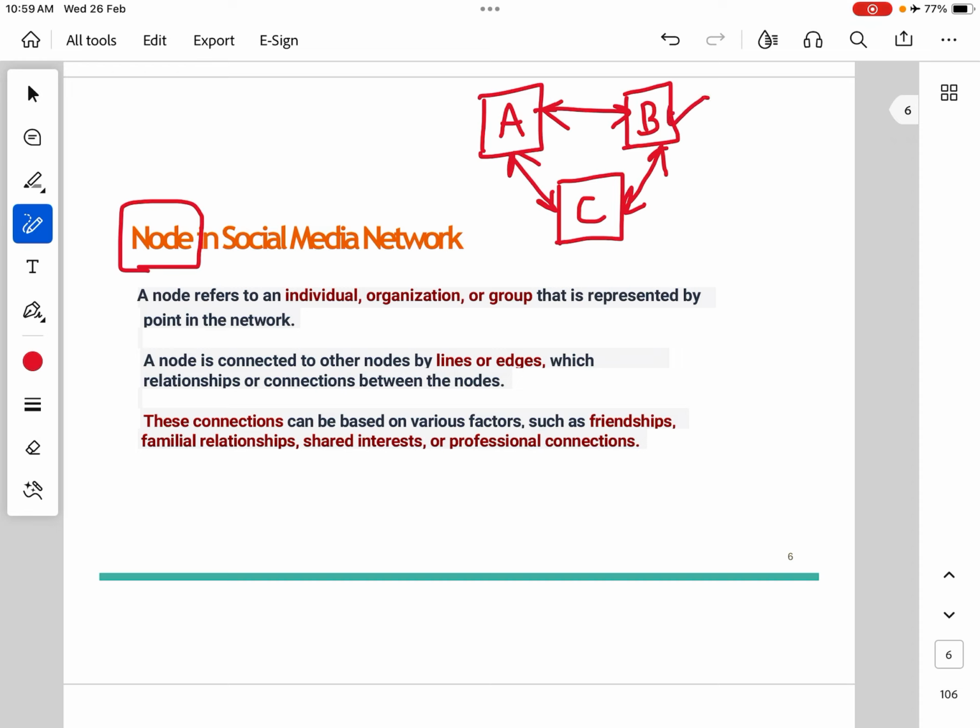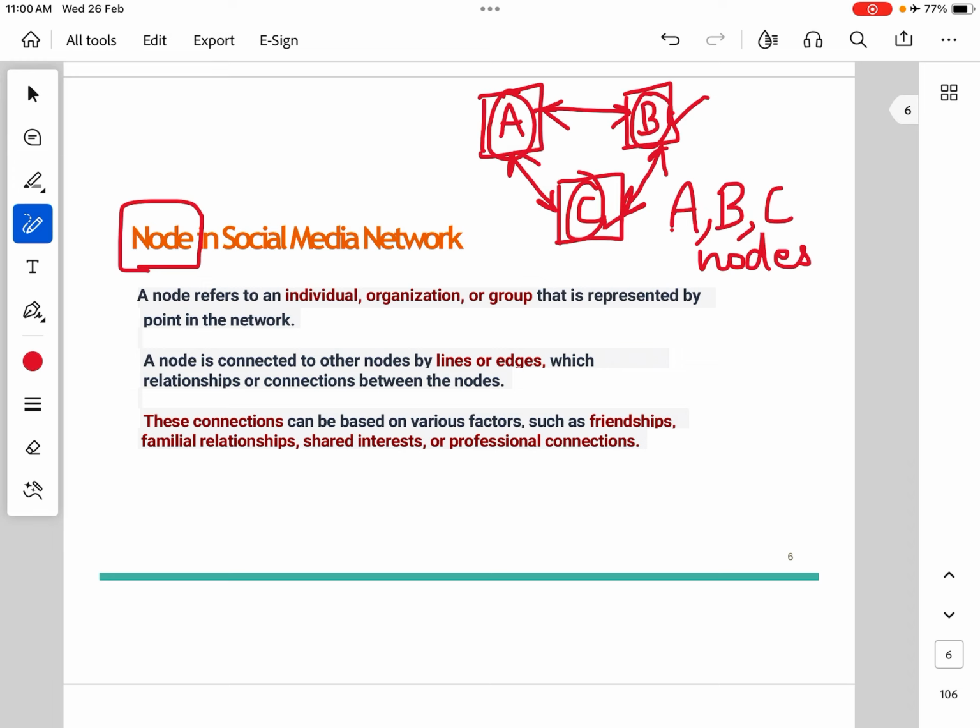So what is a node here? A, B and C are the nodes. A node refers to an individual, organization or group that is represented by a point in the network. So A, B and C are points in a network.